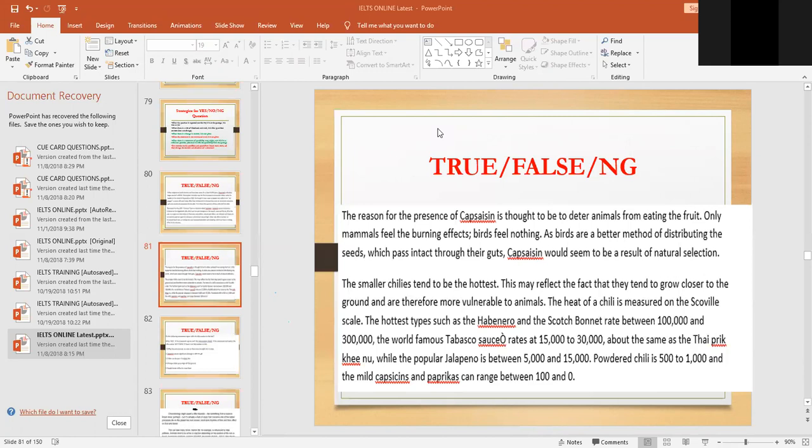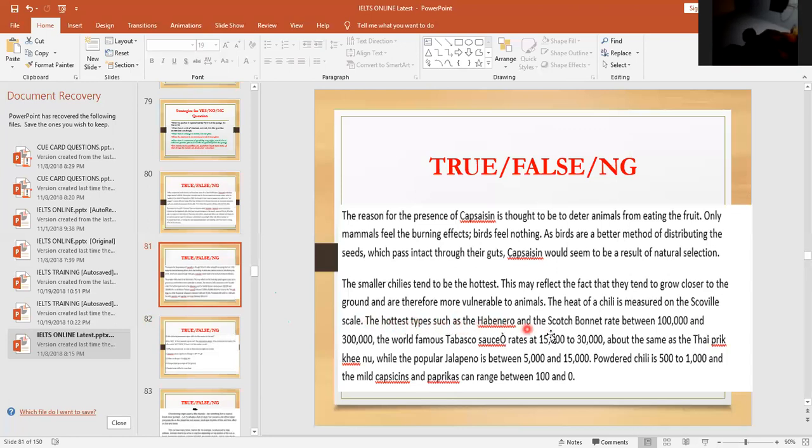Now let me read before I give the answer, because there is one particular thing I want. The small chilies tend to be the hottest. They may reflect the fact that they tend to grow closer to the ground and are therefore more vulnerable to animals. The heat of the chili is measured on the Scoville scale.